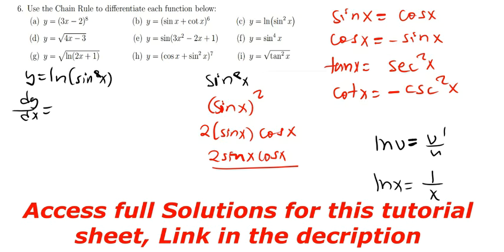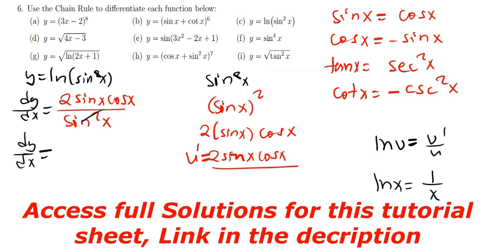So now I'm going to say, since that is now my u prime, sorry, so my u is just the sine squared x, so I'll put there u prime is 2 sine x cos x. I divide it by u, which is the original u, which is just sine squared x. So then I'll see that dy over dx will be equal to 1 sine will go and that sine will go.